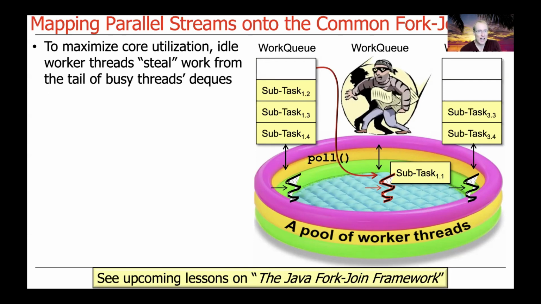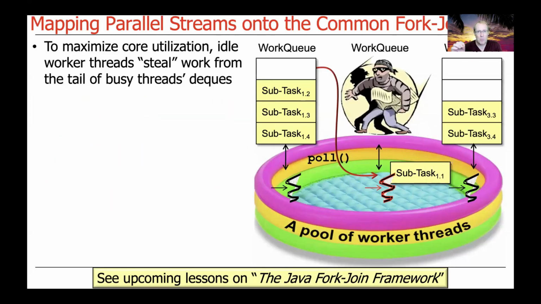So it may turn out, for various reasons, because of the speed of the processing or the amount of work to do or just the size of the queue or the size of the deck and so on, that some worker threads have work that they haven't gotten around to yet. And so when one worker thread finds it doesn't have anything to do, it goes and it steals work off the end of somebody else's deck.